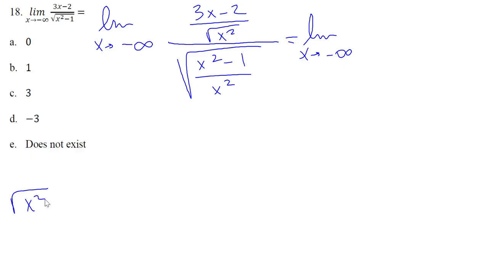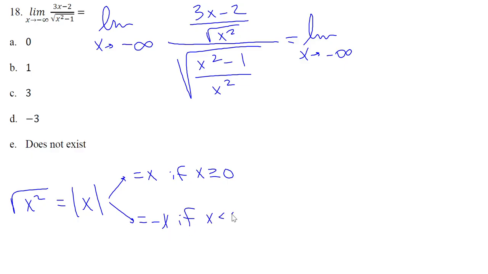The square root of x squared is the same thing as the absolute value of x. Those are identical things. But dividing by absolute value of x is not so great either. So we need to think about that. The absolute value of x is equal to x if x is greater than or equal to 0. But it's equal to the opposite of x if x is less than 0, right?